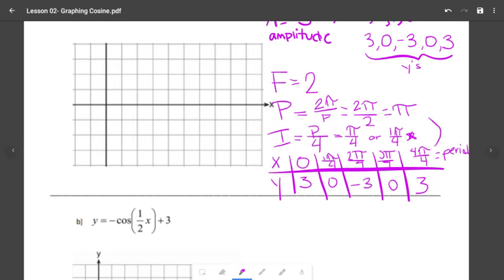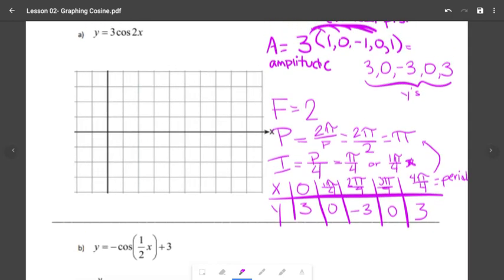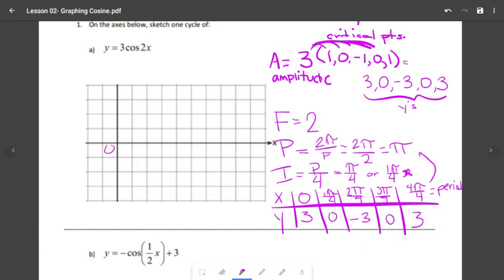So 4 pi over 4 is pi. So graphing these, there's my 0. I should have room to skip every other line again.